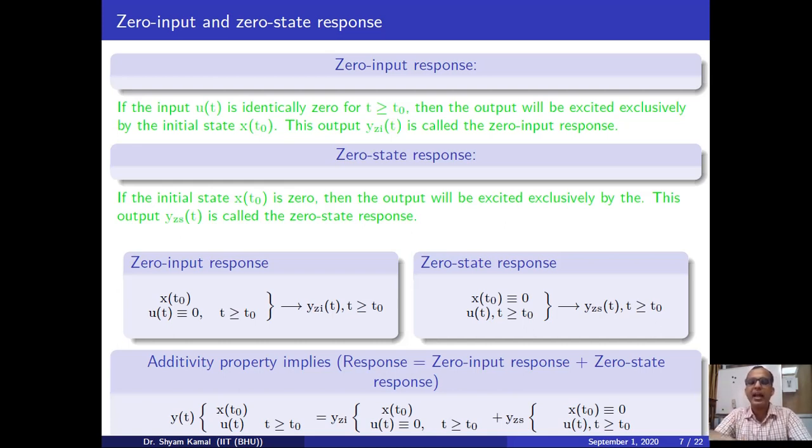In this way I can identify the whole response. If you remember the first-year course, we also talked about the response due to zero input or zero state. We interpret it in another way, called transient response and steady state response. So the same response can be interpreted in different ways.